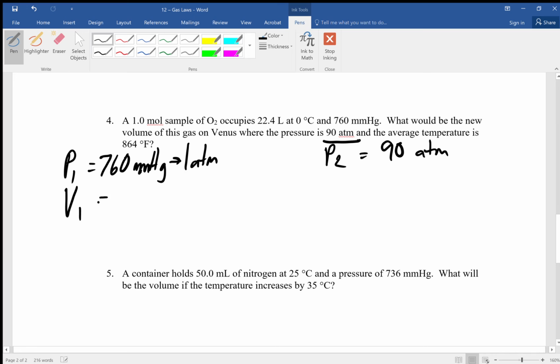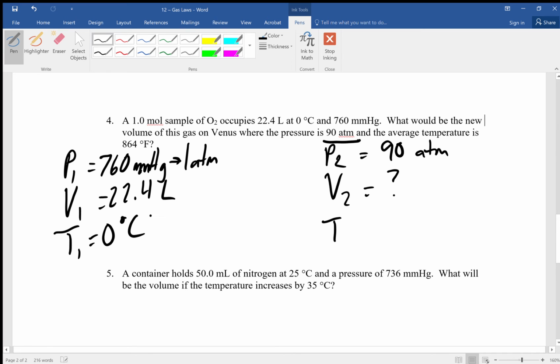Our V1 is 22.4 liters. V2 is unknown. Our temperature on Earth is 0 degrees Celsius, which we need to convert to Kelvin. Our temperature on Venus is 864 degrees Fahrenheit.